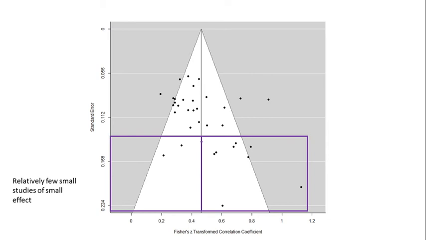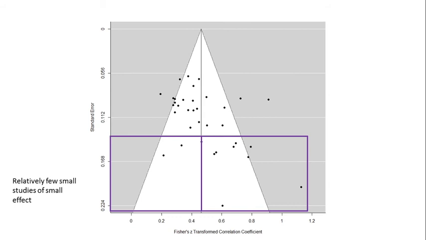So if you've got this section where it's low effect size and low sample size, and there's nothing in it, that might be one indication that those studies haven't been published. Yeah. So basically studies that have large sample sizes are more likely to get published whether they're significant or not.